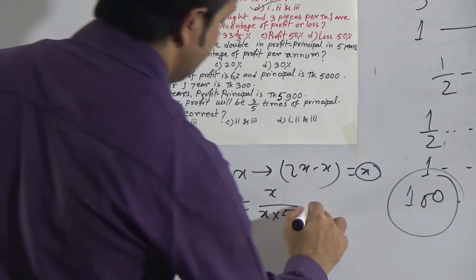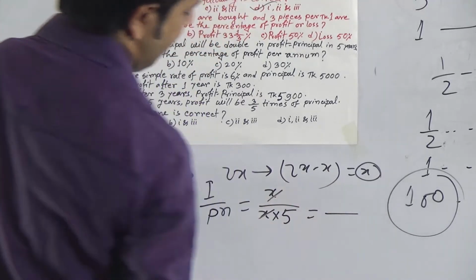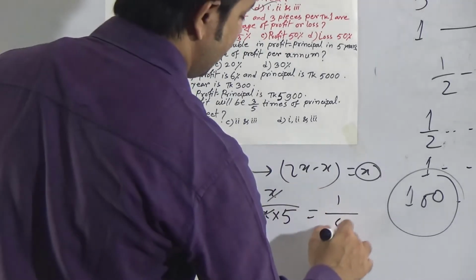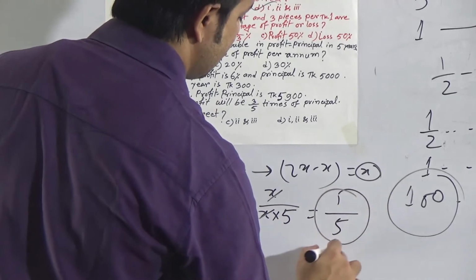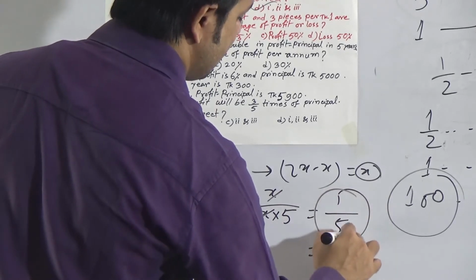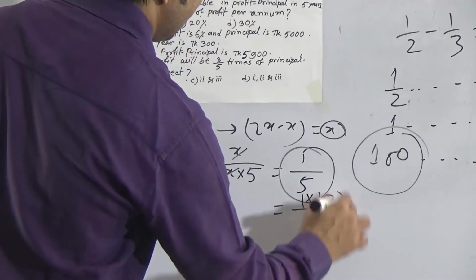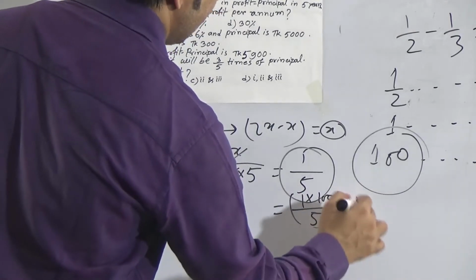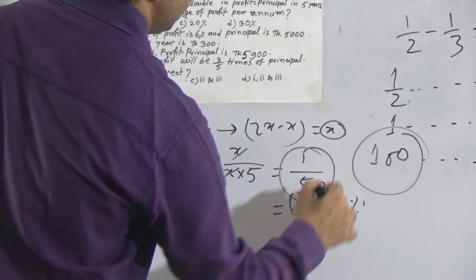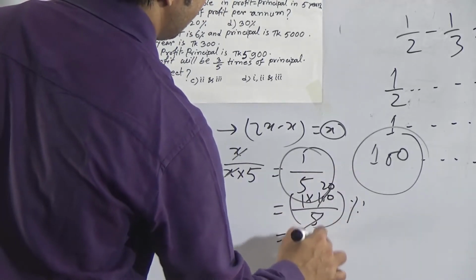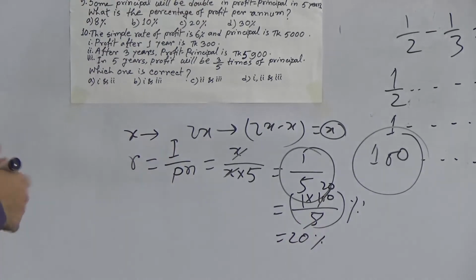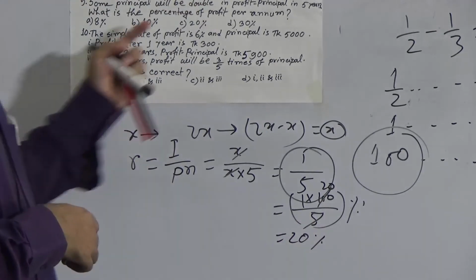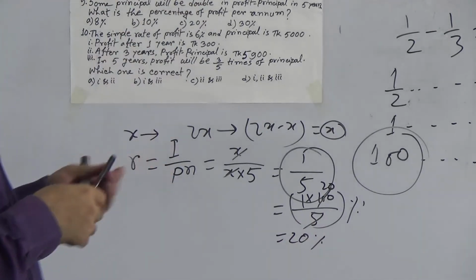So x and x we can cut, this will be 1 by 5. If we convert this into percentage, what will we get? 1 by 5 multiply by 100, percentage sign we can give here. So if we cut, we will get 20. It means that 20%. Dear students, so we can say here the percentage of profit per annum is 20%.